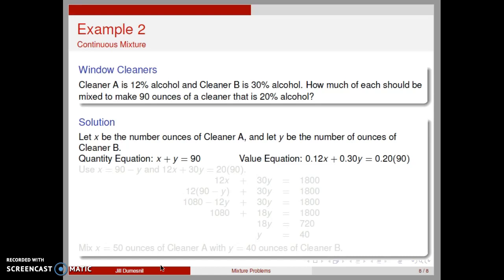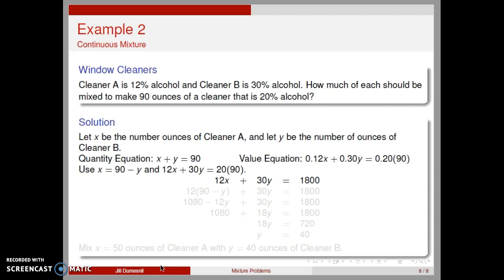Remember that we must always convert percentages to decimals in calculations. Again, we will rewrite the quantity equation as X equals 90 minus Y, and also rewrite the value equation multiplied by 100 for the convenience of eliminating decimals.